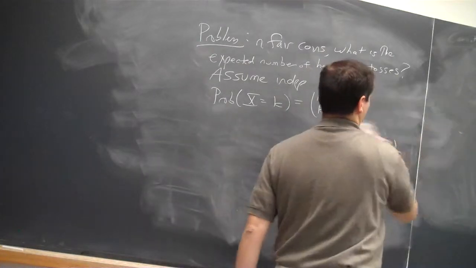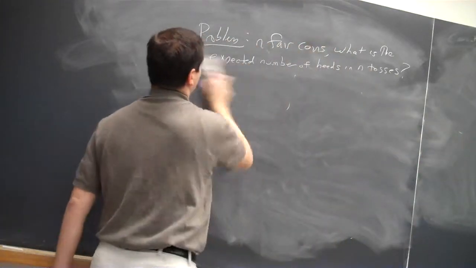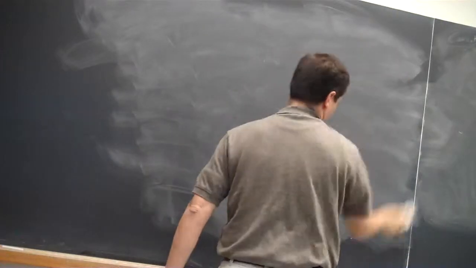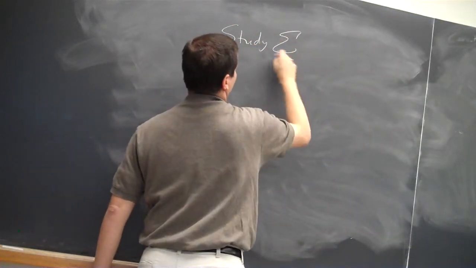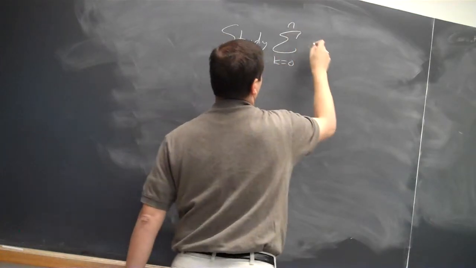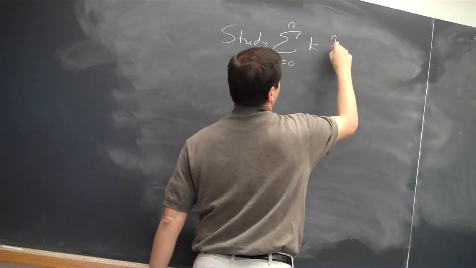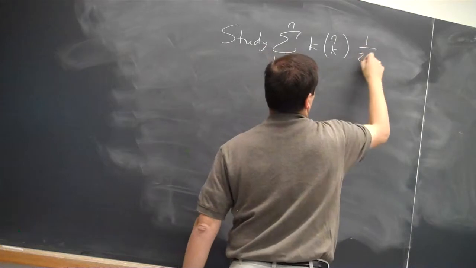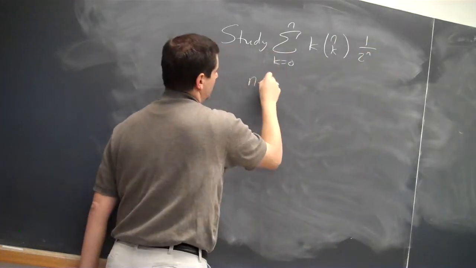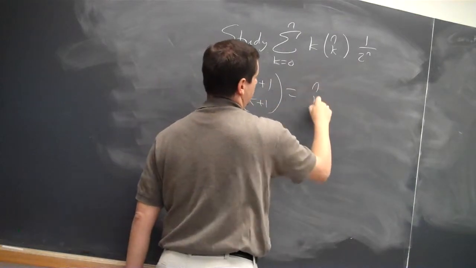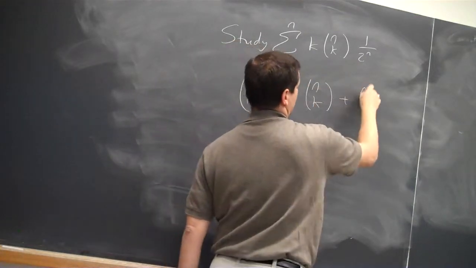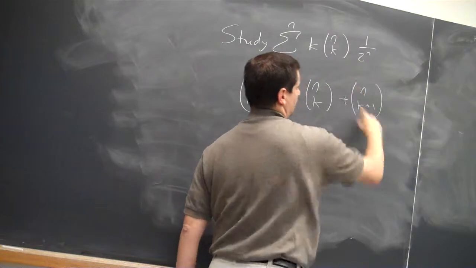So we need to study the sum from 0 to n of k times n choose k times 1 over 2 to the n. n plus 1 choose k plus 1 is n choose k plus n choose k plus 1.